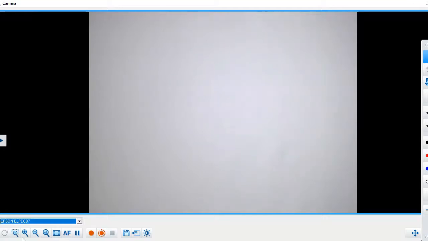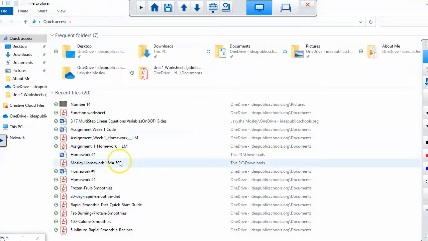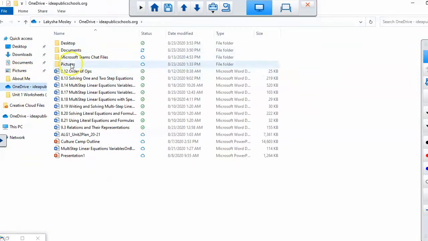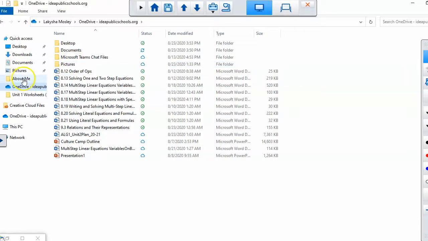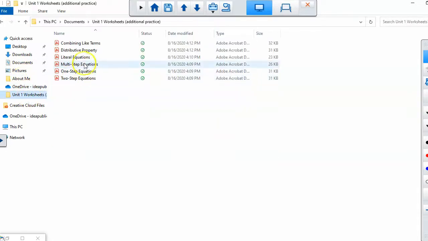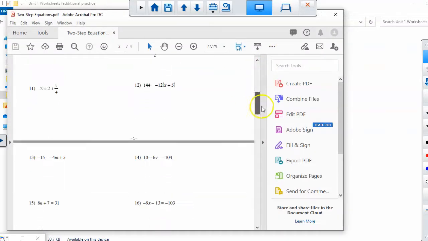I have misplaced it, but first let me show you where this is. Give me a second. Can I go to the folder? Here it is, 2-step. Again, that's what the folder should look like. Let's grab a couple off of here.